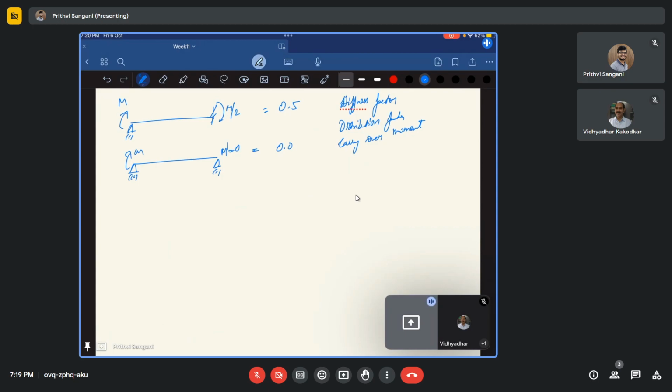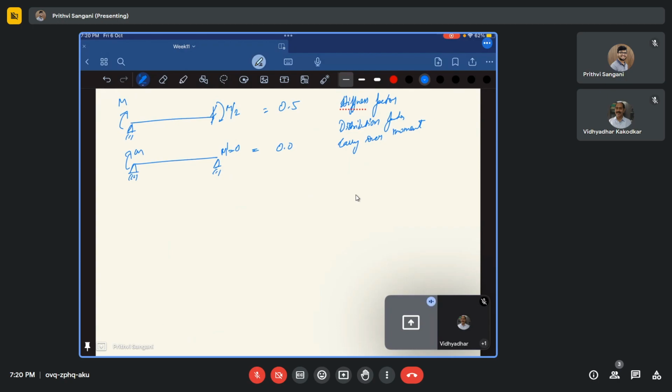So we'll add it, and we'll do successive iterations until we get some significant accuracy, or maybe we match up to some decimals. Once we attain some kind of accuracy, we'll stop these iterations and present the results.